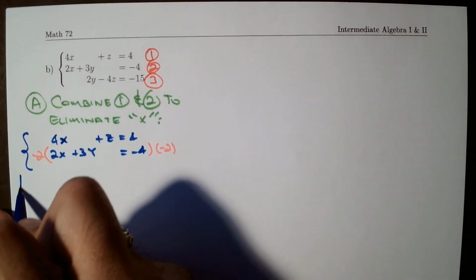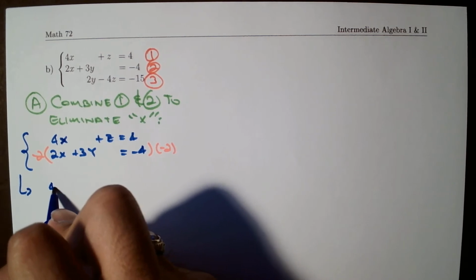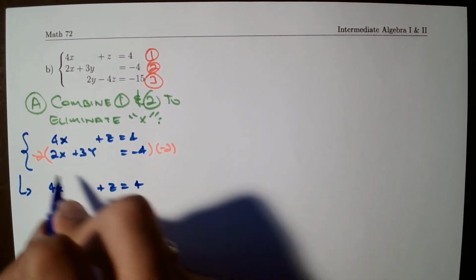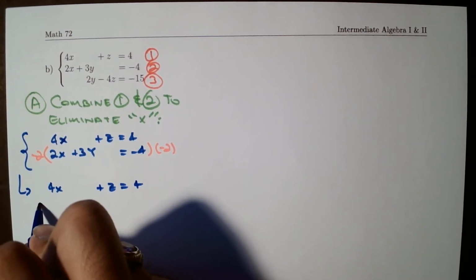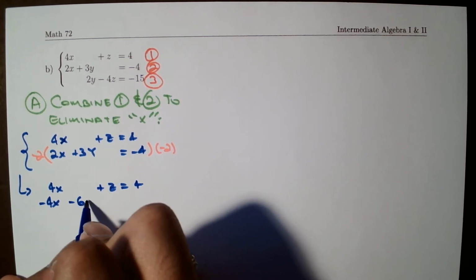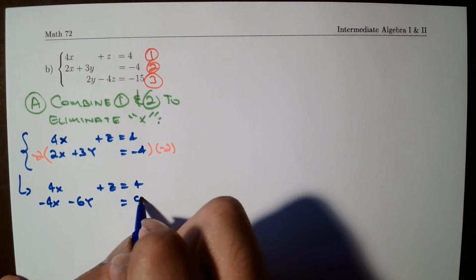So let me rewrite the system. The first equation remains the same. The second one is negative 4x, and then negative 2 times 3y is minus 6y, equals negative 2 times negative 4, which is positive 8.